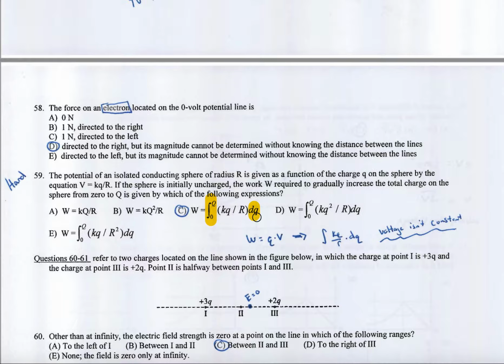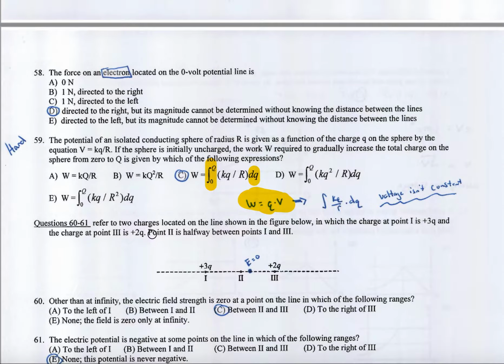Again, the voltage is not going to be constant because you keep increasing the charge, which keeps increasing the voltage. So it's pretty complicated. This is not asking you to do it, it's just asking you how you would set it up. And so really you're thinking about the calculus version of this. So you're integrating dq of the voltages. So hopefully C makes sense after you thought that through.